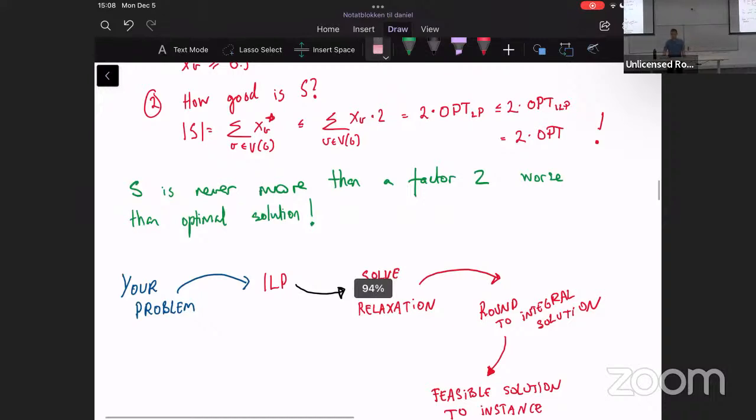And once you have an optimum solution to your LP relaxation, now things become tricky. You can start trying to round it. But here, the obvious rounding works, thresholding at 0.5, going up and down. That turned out to work. That's not going to work for all of your problems. Well, we're going to see one where it doesn't work in 5 minutes or so.